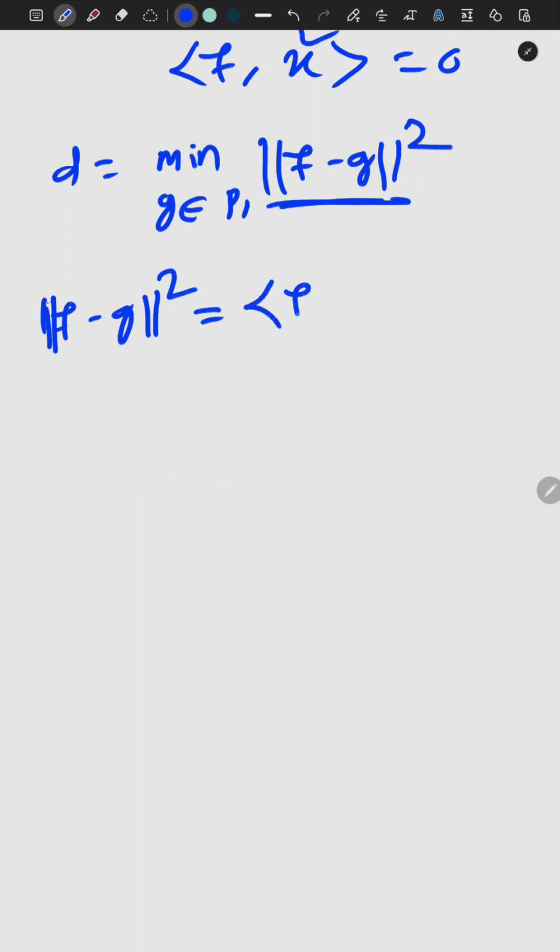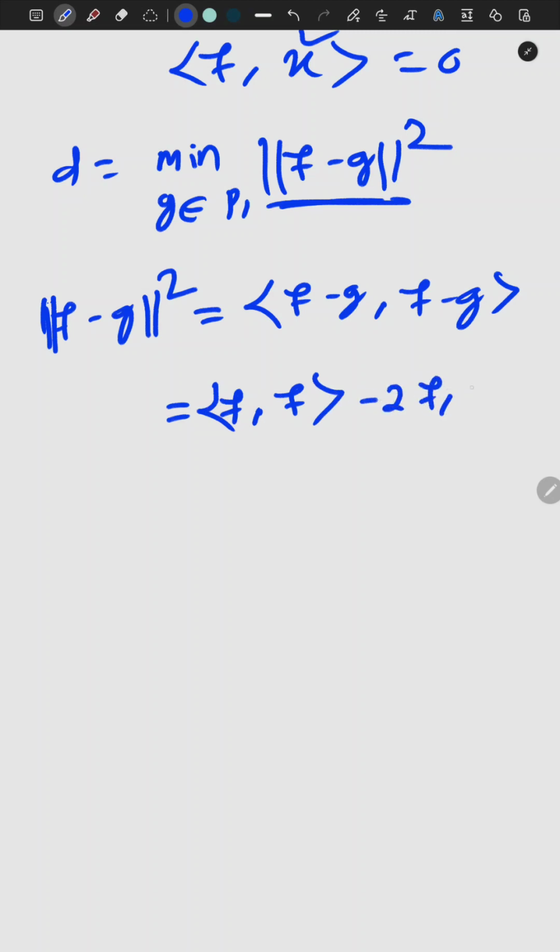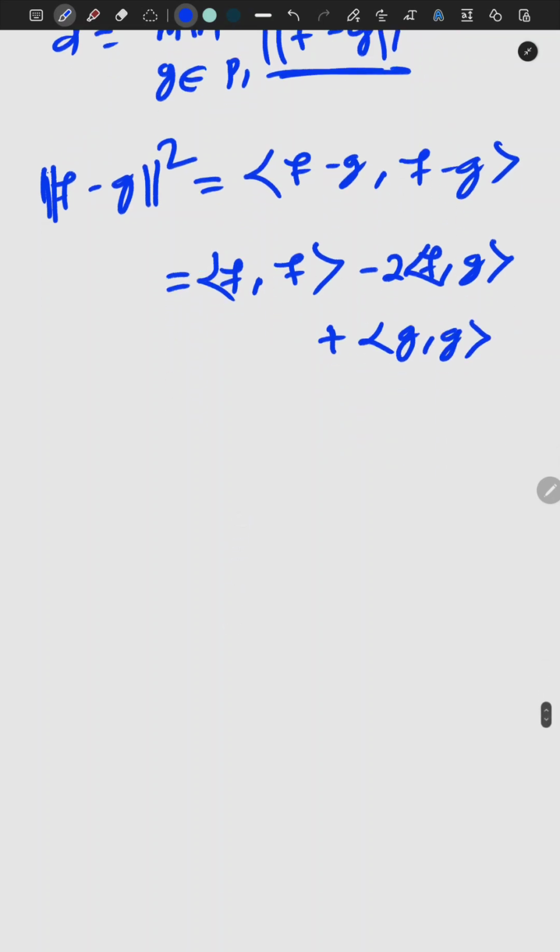We will get the inner product of f minus g with f minus g, okay. It gives, if we open it, the inner product of f comma f, minus 2 times the inner product of f comma g, because it is commutative, and plus the inner product of g comma g, okay.